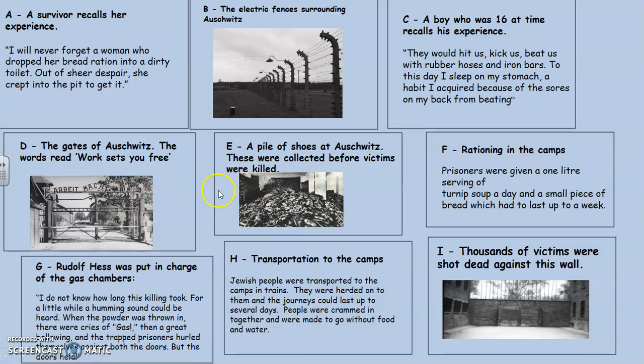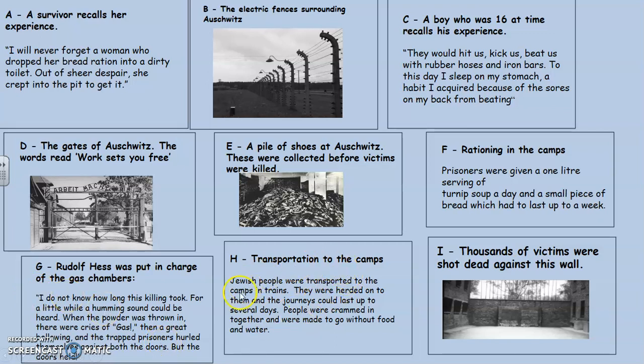We can see the piles of shoes that were collected of the victims of Auschwitz. Information about rationing, so the type of food that people were given in the camps. Some information here from Rudolf Hess, who is the senior Nazi who is in charge of the final solution.